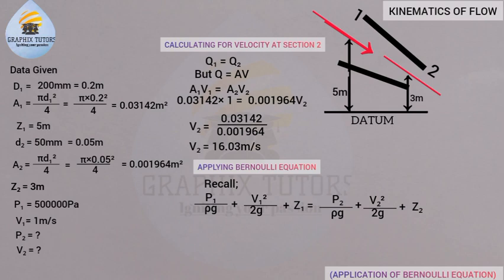Now if I start inputting my values here, the pressure intensity at section 1, that we were given in the parameters, is 500,000, right?